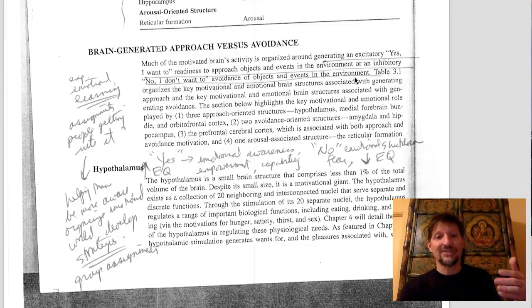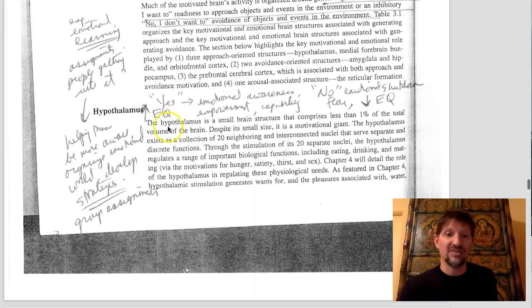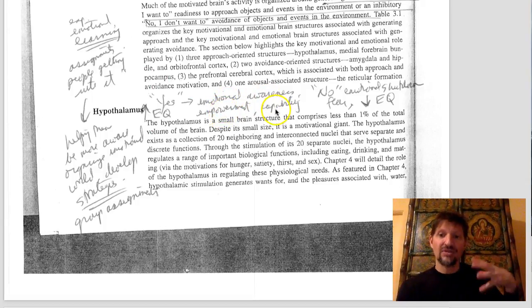And again, too many of the academic readings really emphasize the avoidance and suppression. I'm trying to move the learning into proactive engagement, the transformation of these things into something positive. So the yes response increases your EQ, or emotional intelligence, emotional awareness. There's an empowerment and a capability that you can build when you take that.